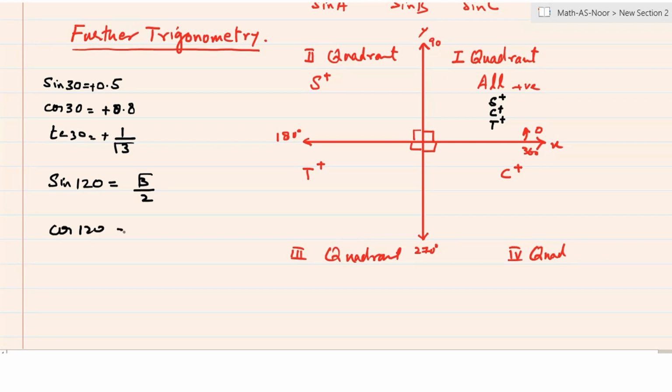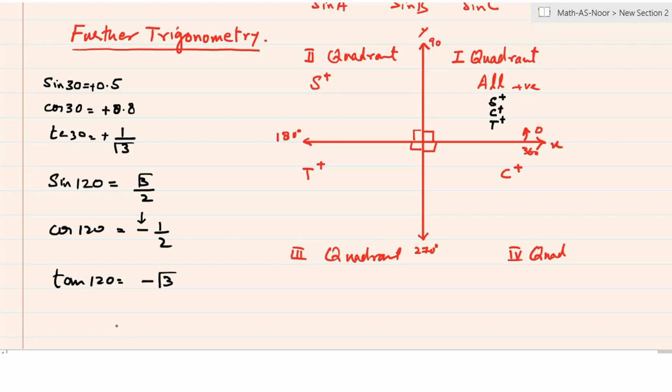Cos of 120 will give you the answer minus 1 over 2. Now for the very first time you see this negative sign with cos, and the angle is in the second quadrant. So tan of 120 will give you negative root 3.